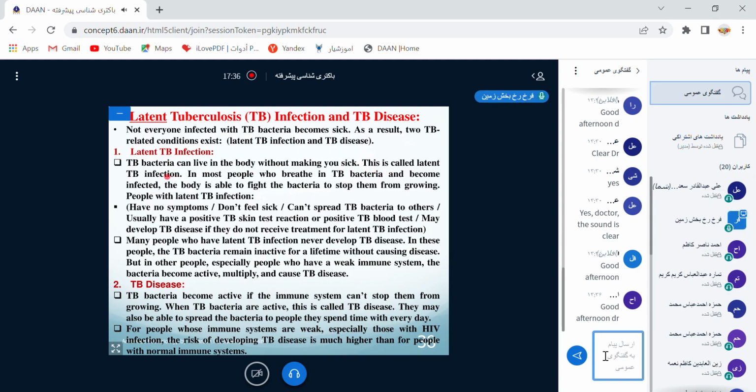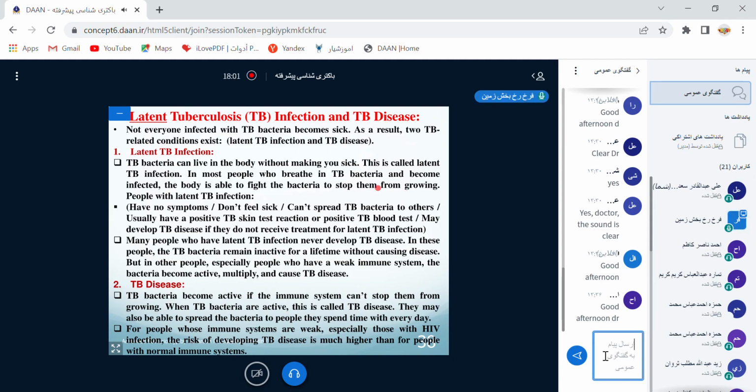This is called latent TB infection. In most people who breathe in TB bacteria and become infected, the body is able to fight the bacteria to stop them from growing.